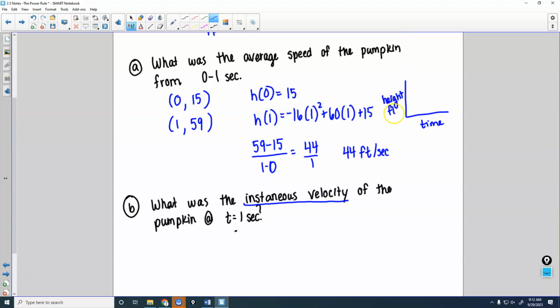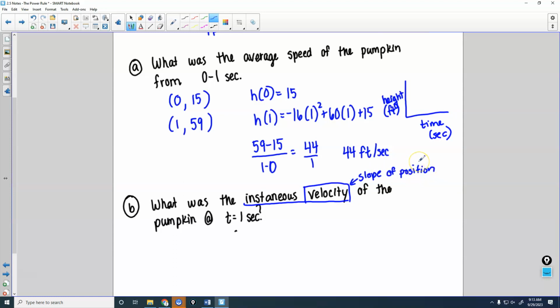This is measured in feet. This is measured in seconds. So if I want to know feet per second, that's taking my y-axis and dividing it by my x-axis, which is my change in y over my change in x. That's the slope of this graph, right? So when it's asking for velocity, velocity is our slope of position, or in this case, height.